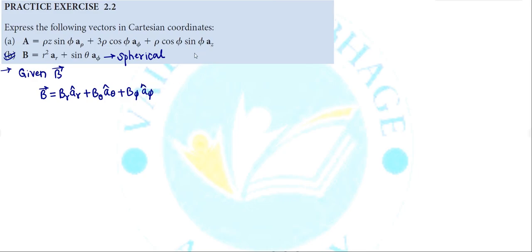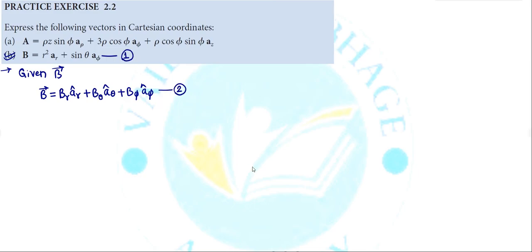We are going to assign equation numbers: the given vector is equation number 1, and the generalized form is equation number 2.